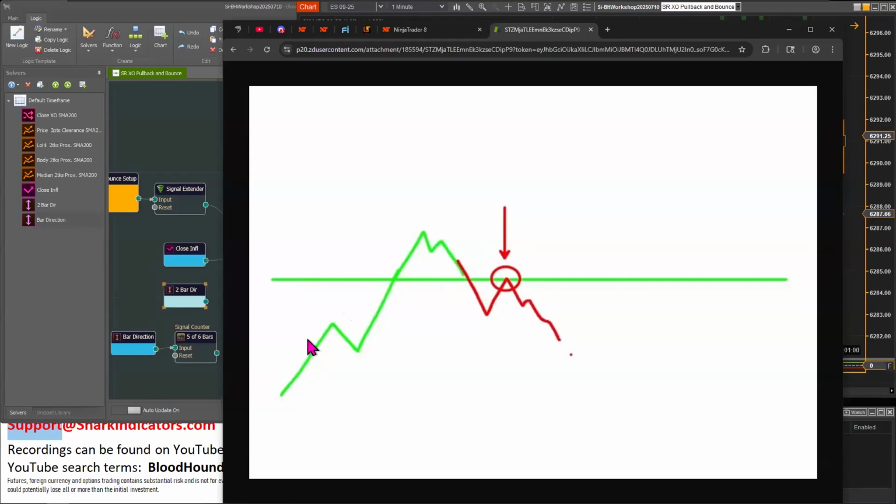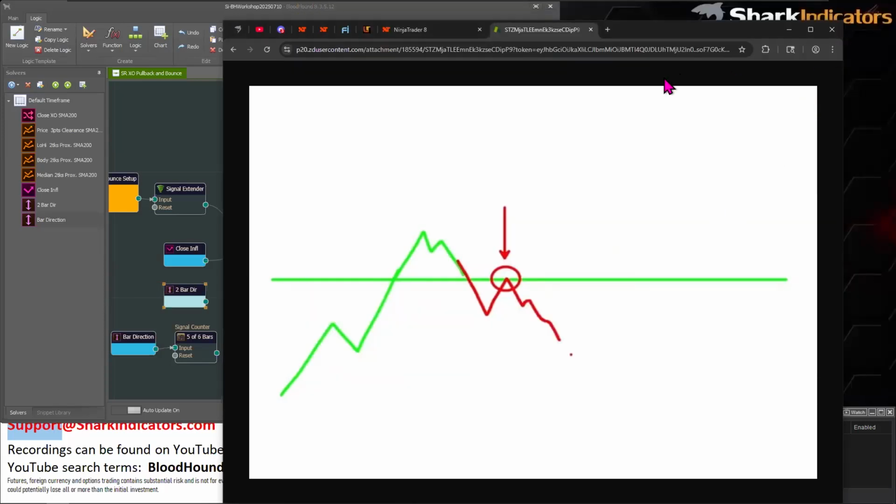This little drawing is illustrating that: we have price well below our support resistance level for some period of time. So let's add this requirement to this system.